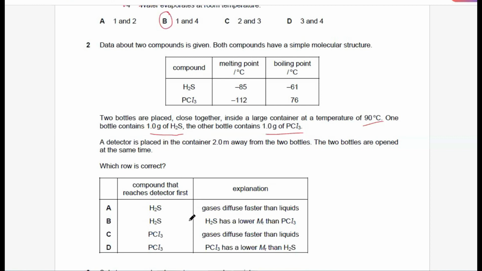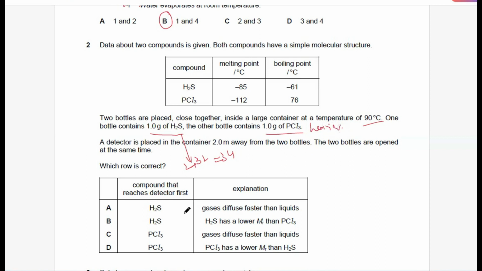Gas diffuses faster than liquid. So sulfur mass is 32 and hydrogen is 2, so it is 34. But when we talk about PCl3, as chlorine is having 35.5, obviously this one is heavier, right?